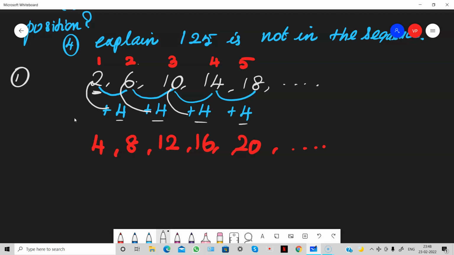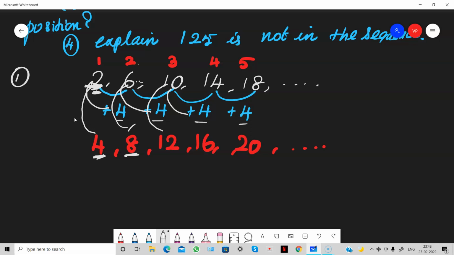So you have to correlate everything. From 4 we get 2, from 8 we get 6, from 12 we get 10. Can you correlate that, students? The multiple is 4, but in the sequence the first number is 2. The multiple is 8, but the second number is 6.